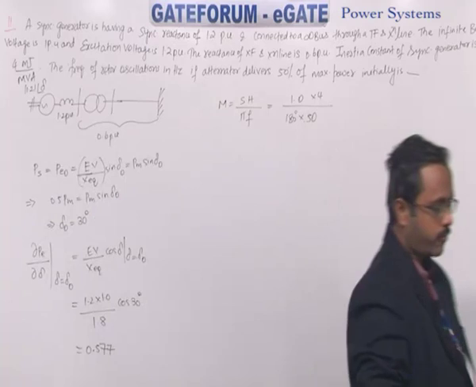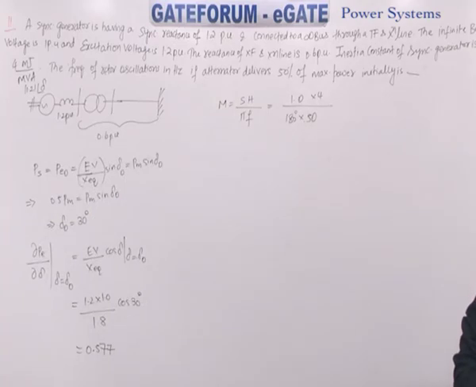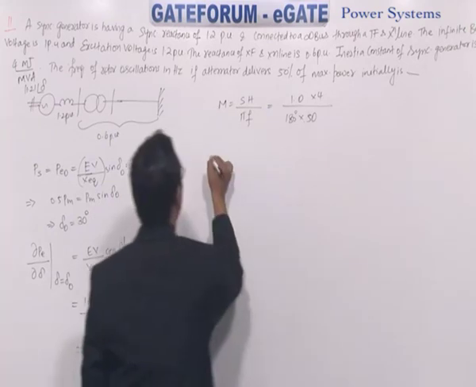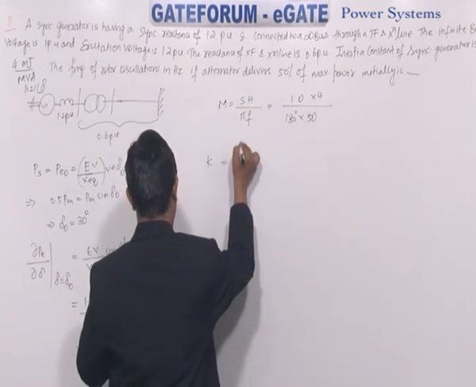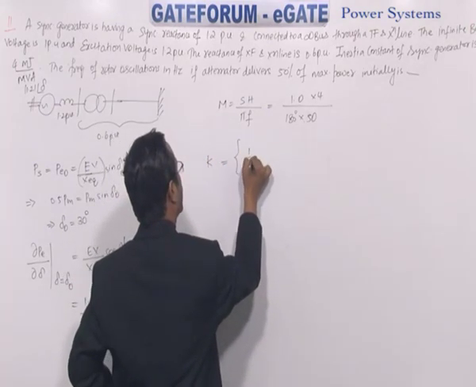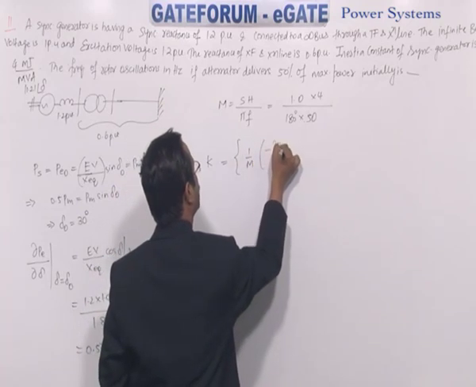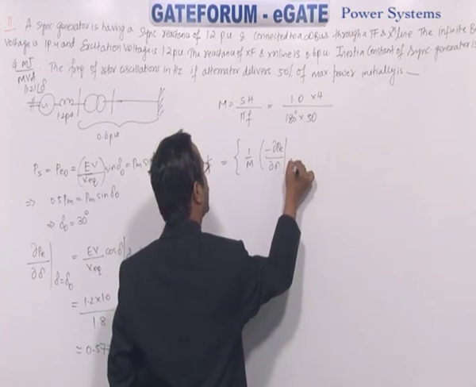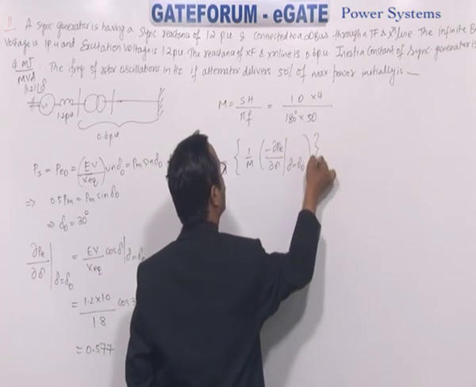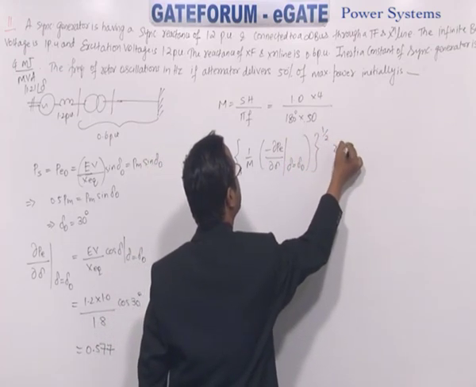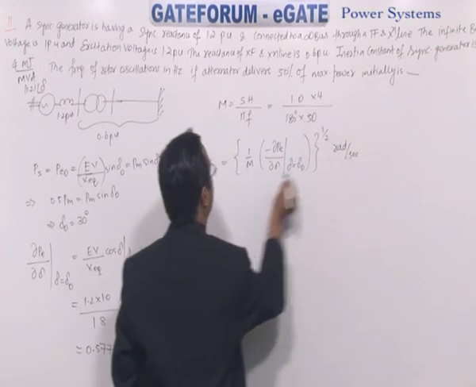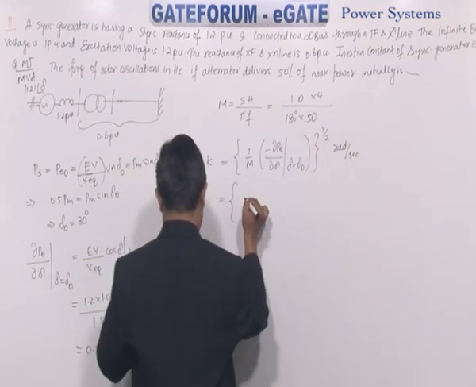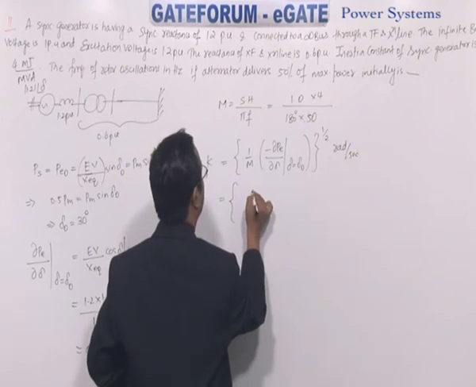Now lastly you can find out what is the value of K. You have analyzed in the derivation what is K. You have written square root of 1 by M times minus dou PE by dou delta, evaluated at delta naught. This is in radians per second. So we substitute the data and calculate.